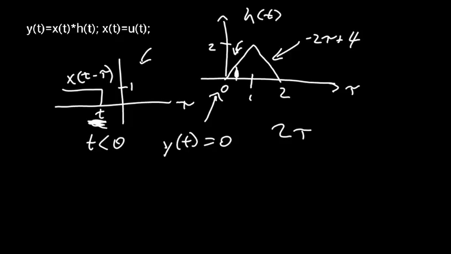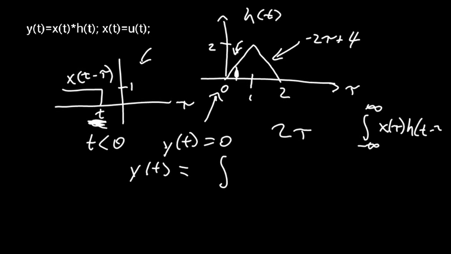So now we have y of t equal to the integral, since we know the convolution is defined as the integral from negative infinity to infinity, x of tau, hold on, my bad, h of t minus tau, d tau.